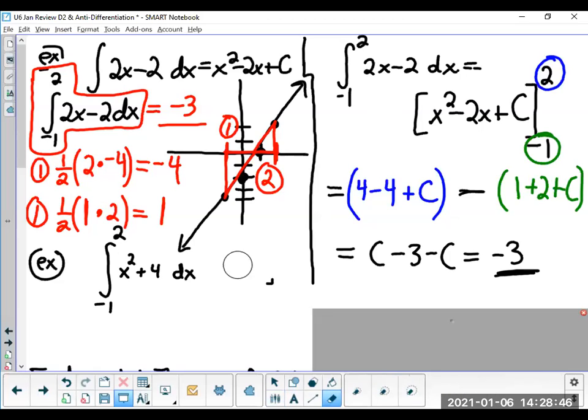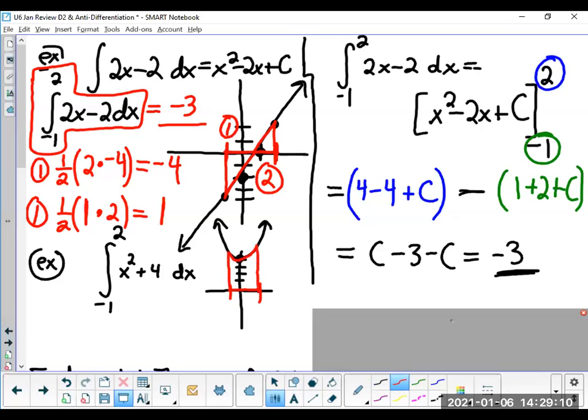Okay. So if we look at this graph, it's a parabola that opens up, has a vertex at 0, 4. If we do this thing from -1 to 2, that is the shape we would be finding.